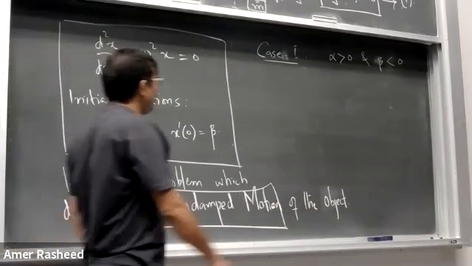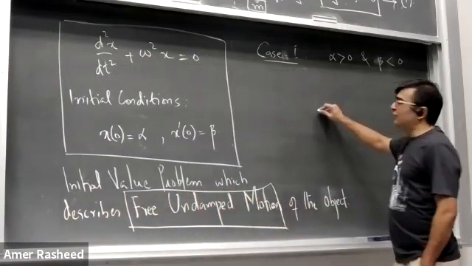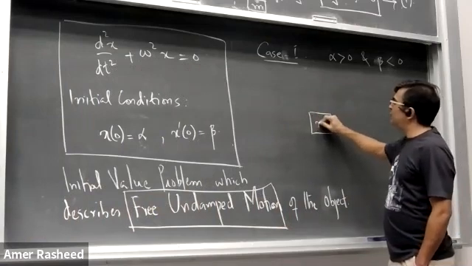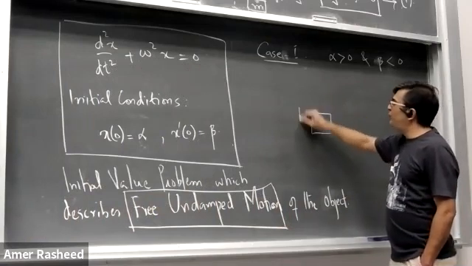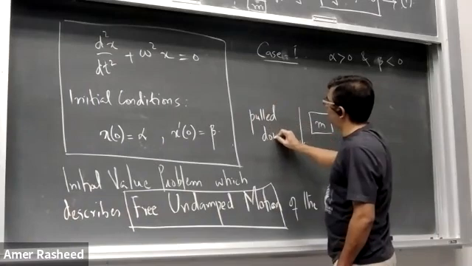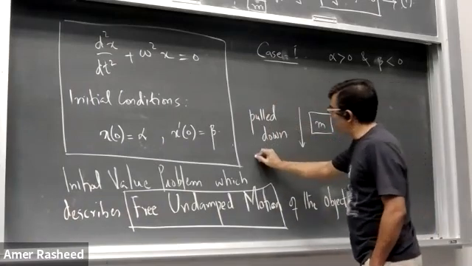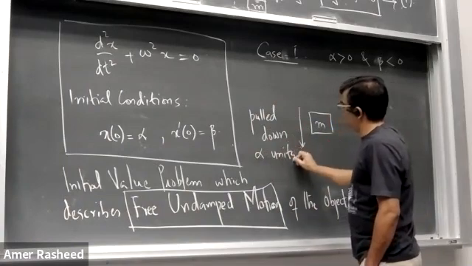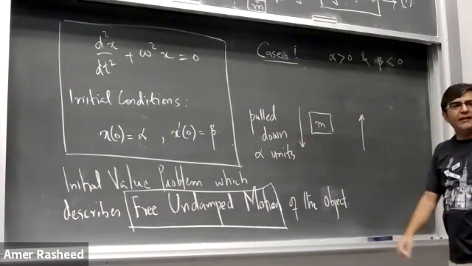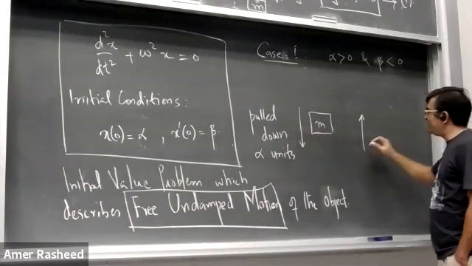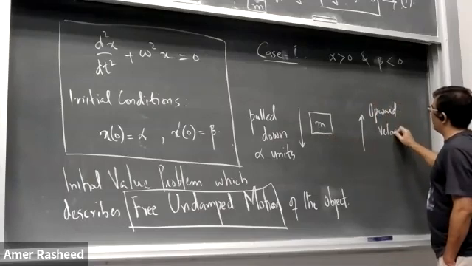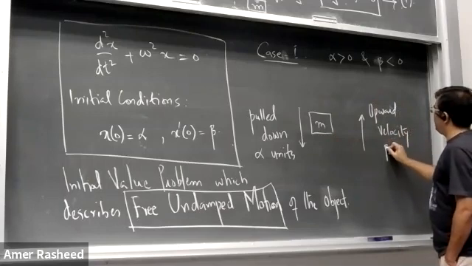Okay, we pull down the mass object. The object, whatever mass m we have, we pulled it down by alpha units. And we release that object with an upward velocity beta.